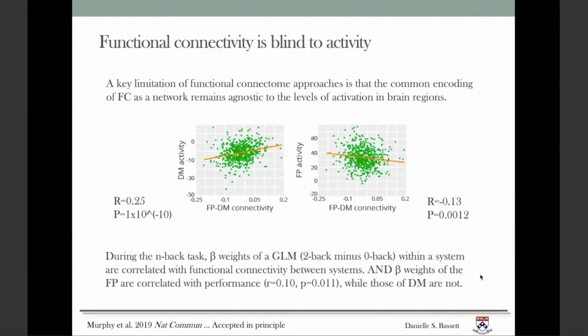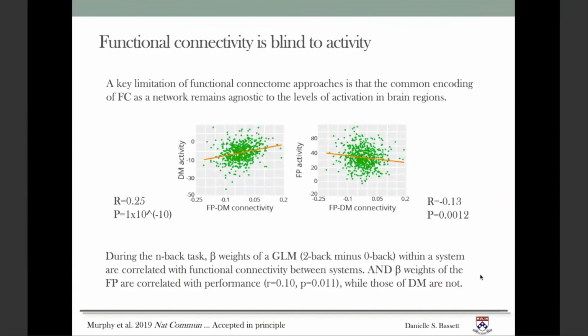So what you're seeing is the pattern of activity in the default mode system is positively correlated with frontal parietal default mode connectivity. And then the activity in the frontal parietal system is negatively correlated with frontal parietal default mode connectivity. So that's interesting. It suggests that activation in these two systems is differentially related to patterns of functional connectivity between them. Each data point here is a different individual in the Human Connectome Project data set.